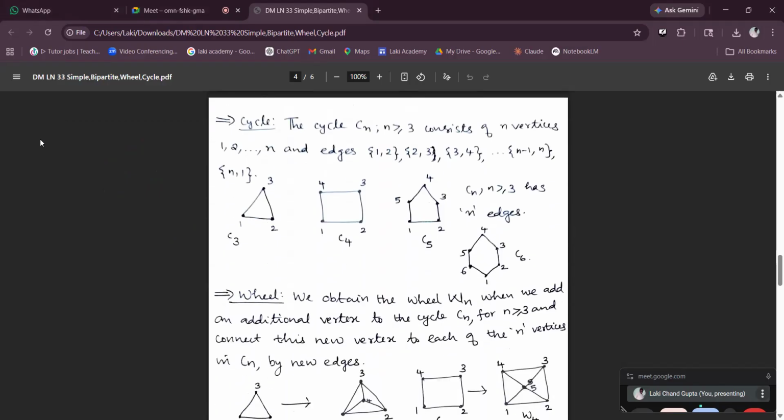The next graph is the cycle graph, the cyclic graph. What is a cyclic graph? A cyclic graph is represented by Cn. So a cycle always starts with a minimum of 3 vertices. Okay. This is C3.